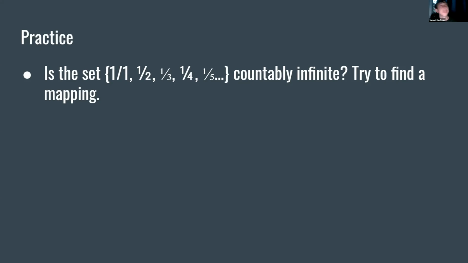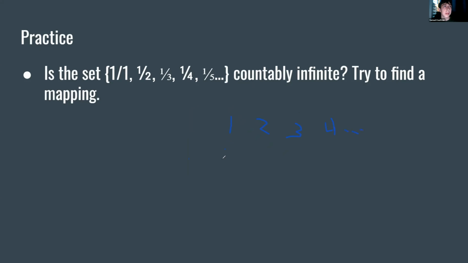And a couple people have said, yes, this is countably infinite, and that's right. If we will just map n to 1 over n. So if we have 1, 2, 3, 4, and so on.